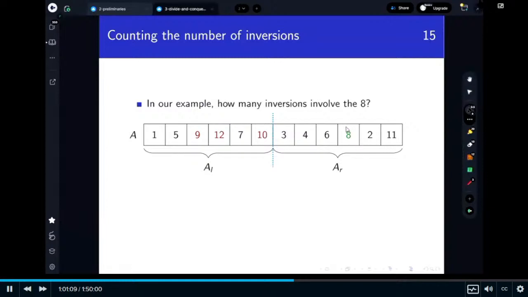If some numbers that are larger than 8 occur in AL, then they form inversions with 8. But it's not obvious how to count the number of integers on the left that are greater than 8, right? If somebody gave us a sorted version of AL, it would be easier.